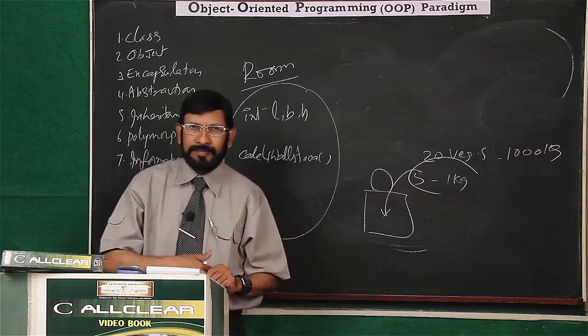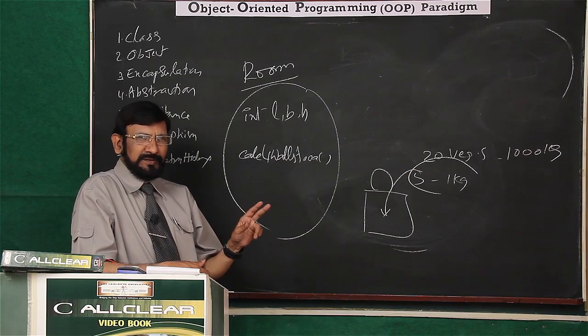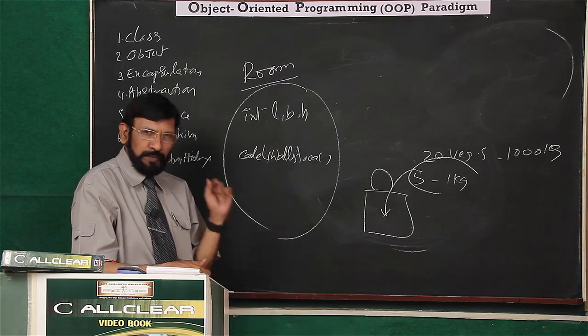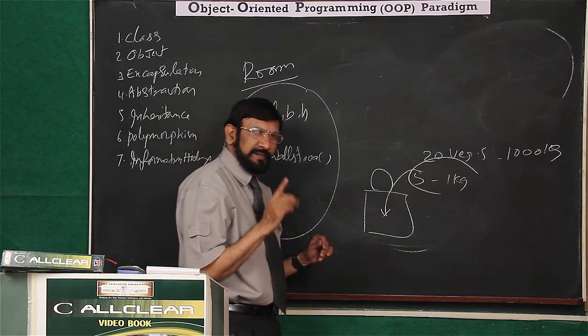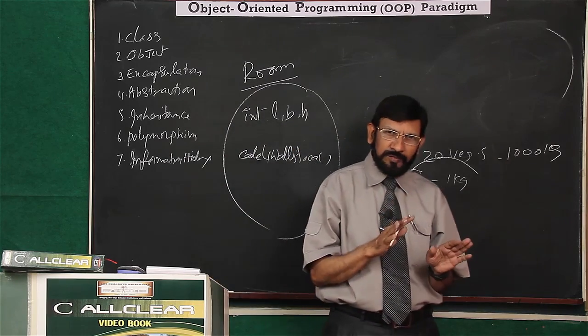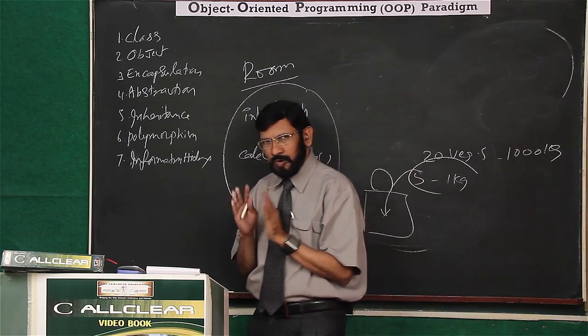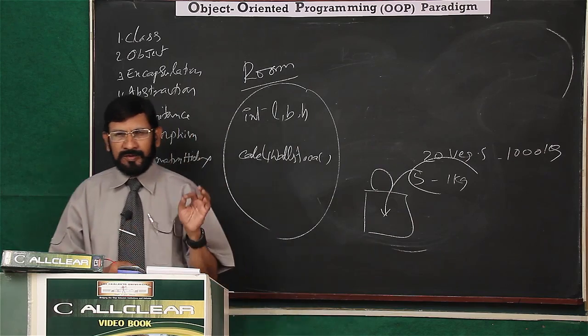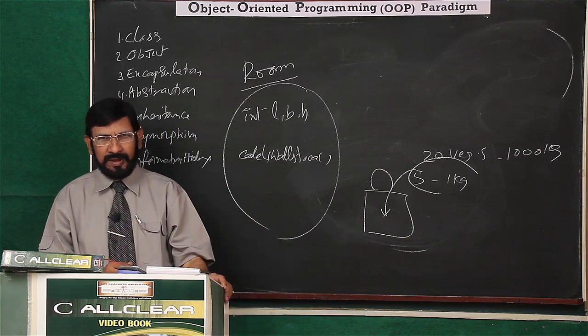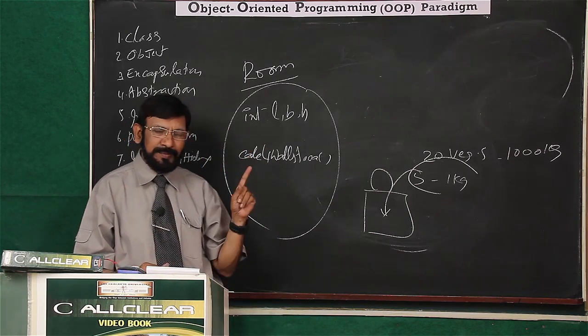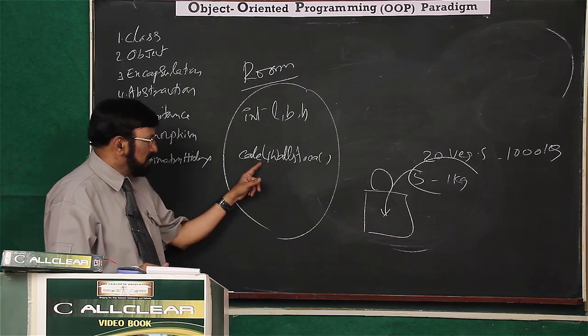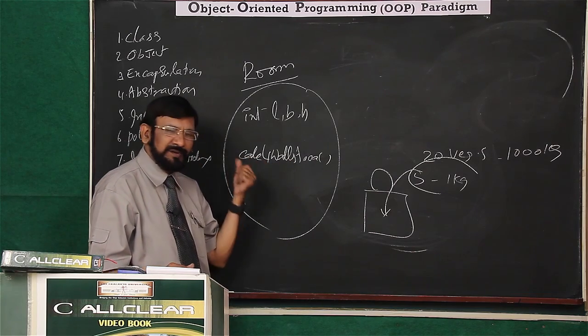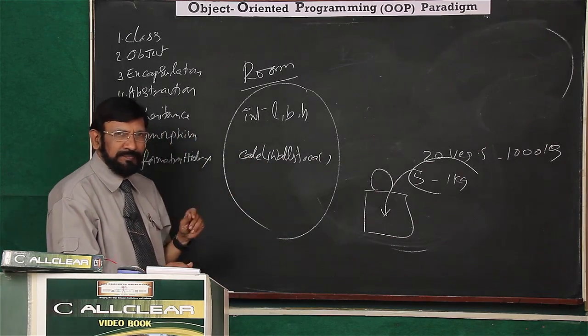Now, what is your behavior? Just analyze that. You have two clients. One client is the floor maker. The second client is the painter. Both are dealing with the room only. For the first client, the floor maker, you have taken data L and B, and the function calculate floor area.